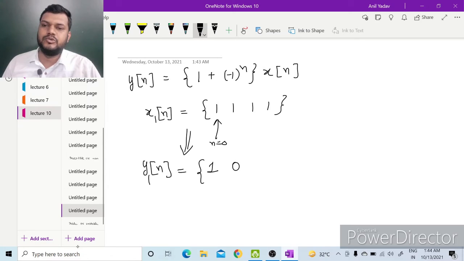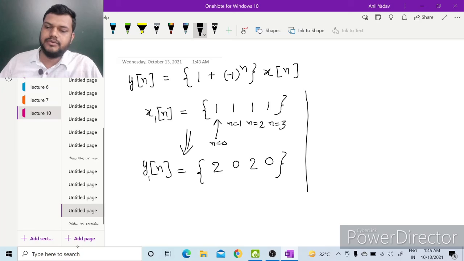Here n is 2, so 1 plus 1 is 2, 2 multiplied by 1 will be 2. And again at n equal to 3 it will be 0. Because x of n is 1 for all the n values 0, 1, 2, 3. So y1(n) will be 2, 0, 2, 0.